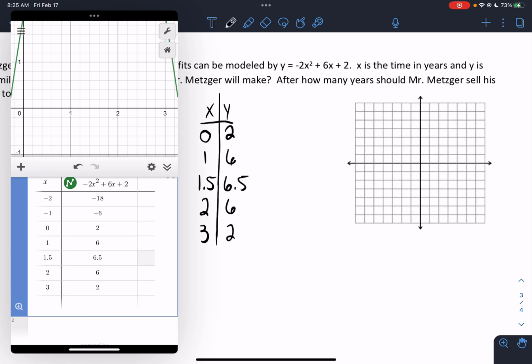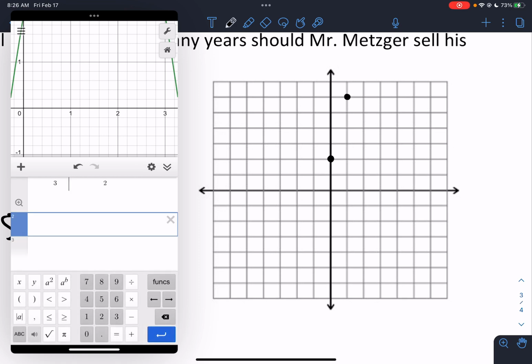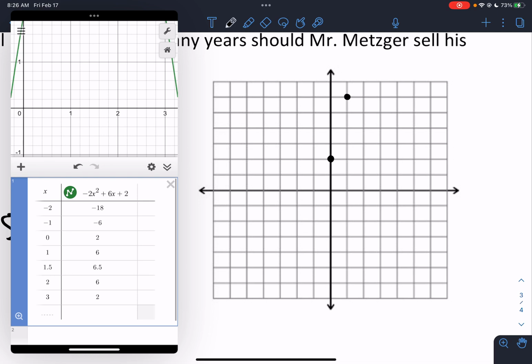So 0, 2, and 1, 6. 1.5, 6.5 is a little bit tricky: 1.5 is right in between 1 and 2, and 6.5 is right in between 6 and 7, so where they meet is right there. 2, 6 is right there, and then 3, 2 is right there. I can draw my graph like this.